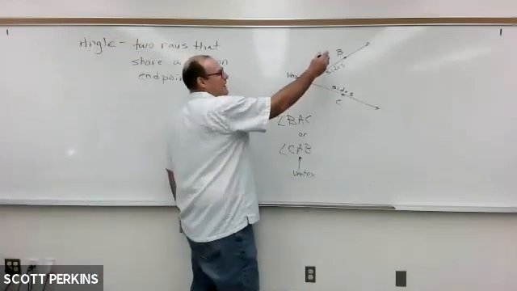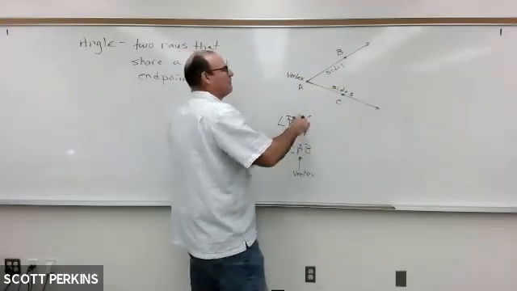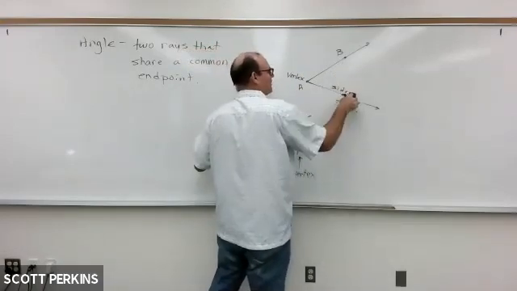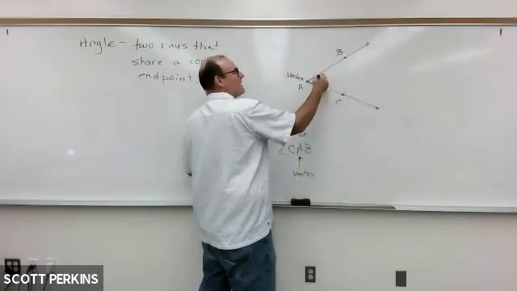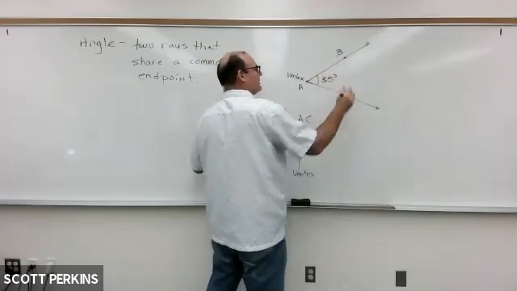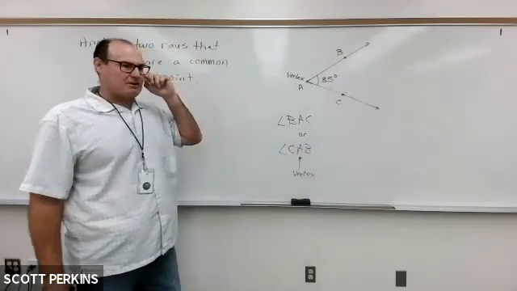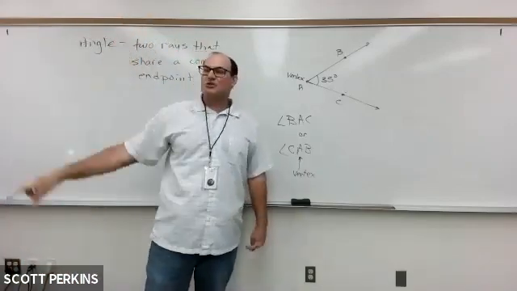If I tell you that angle BAC, I'm going to erase the word sides because I don't want to jumble things up too much on the board here. If I tell you that the angle BAC, I almost made that mistake I told you not to make, so good for me. If I tell you that the measure of it is 35 degrees, we use things called degrees. There are 360 degrees in a circle.